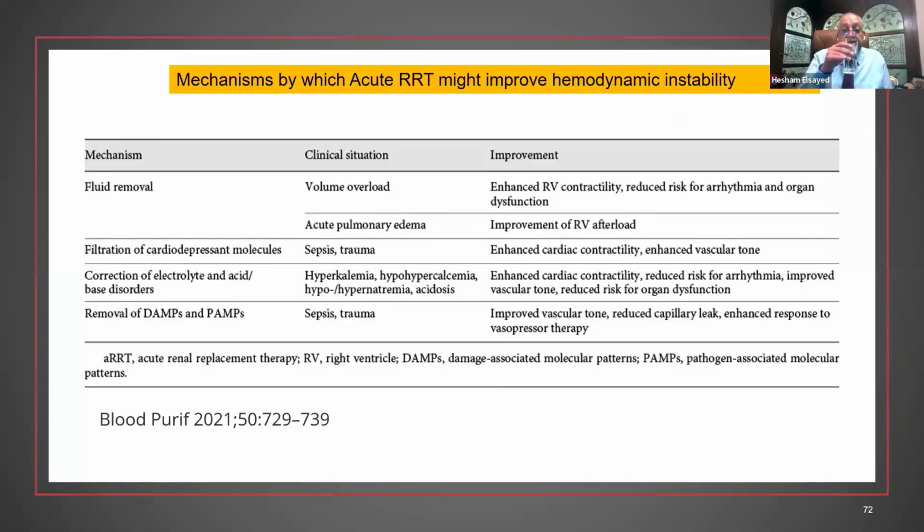Probable treatment with renal replacement therapy can improve the cardiac contraction and cardiac status and improve the recovery from acute kidney injury.